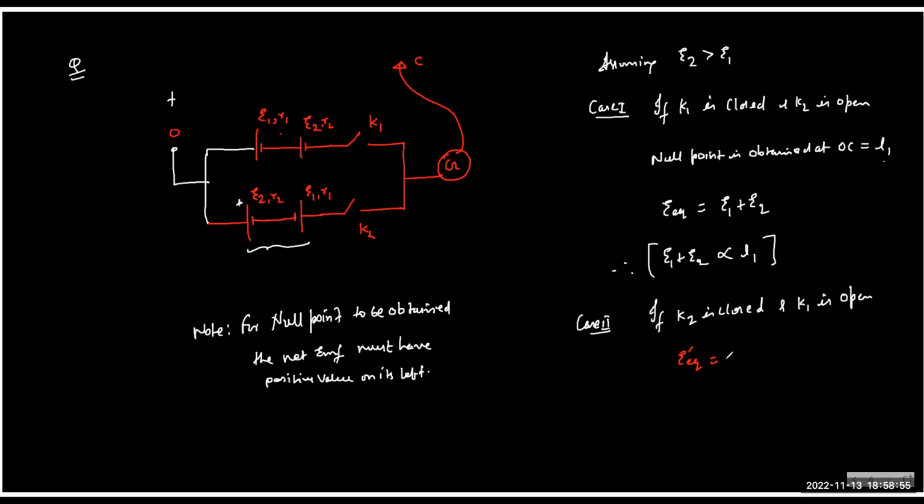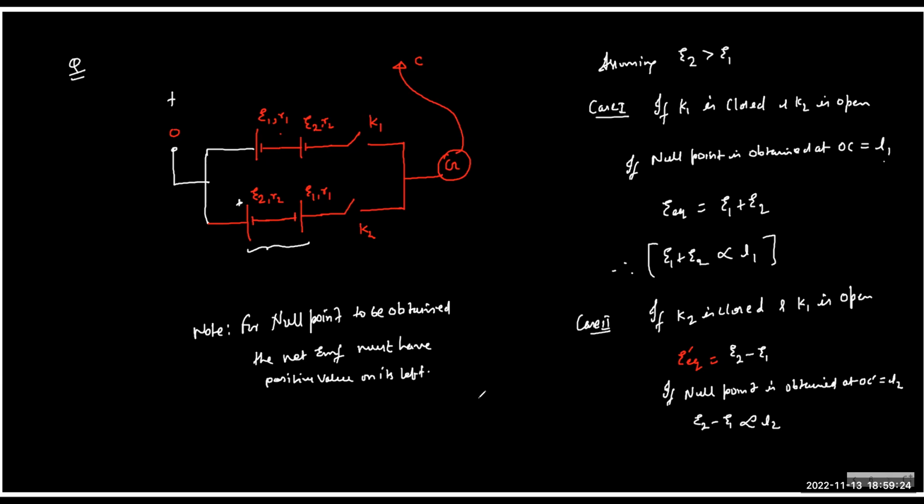So in this case, E dash equivalent is how much? E2 minus E1. So if null point is obtained at OC dash equals L2, then E2 minus E1 must be proportional to L2.